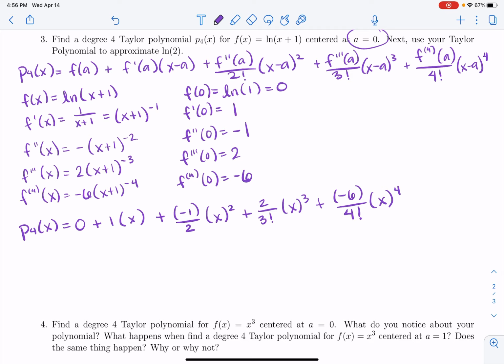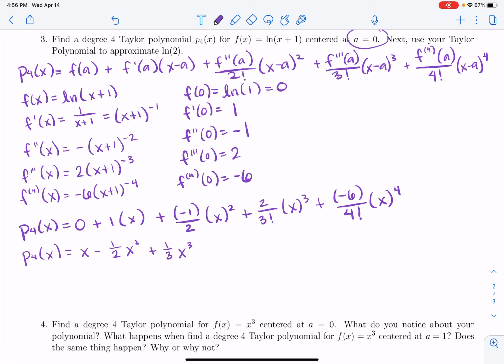And we can simplify. P4 of x is equal to x minus 1/2 x squared plus, let's see, 2 over 3 factorial. 3 factorial is 3 times 2 times 1. So the 2's cancel, and we're just left with 1/3 x cubed.